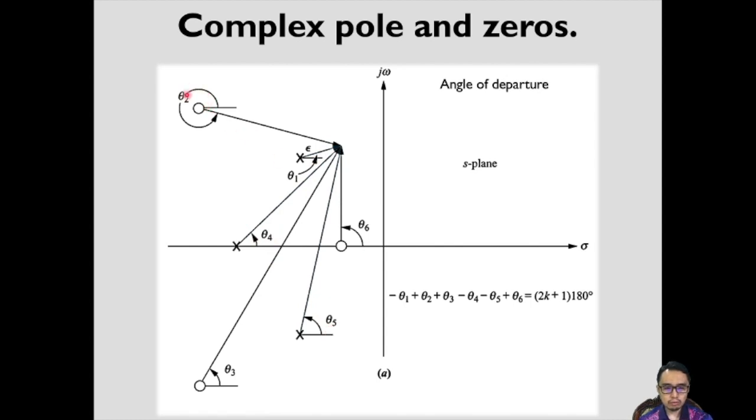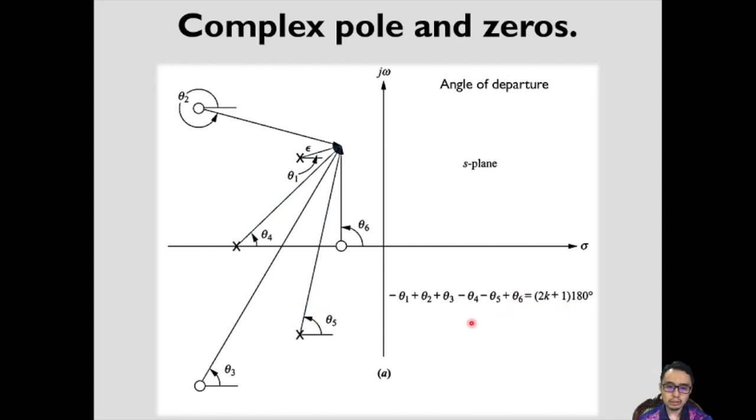Same thing we can do for the zeros: for the zeros we use positive, theta 2, theta 6, theta 3. The angles made by the poles, theta 1, theta 4, and theta 5, we use the negative sign, and we add them up. That means the angle made by the vectors of the zeros minus the angle made by the vectors of the poles should be a multiple of 180 degrees.